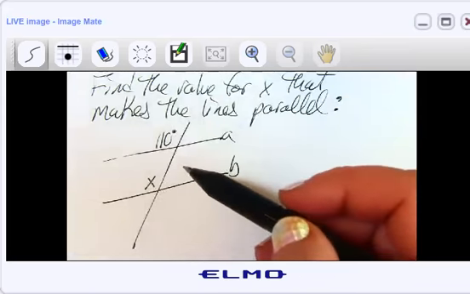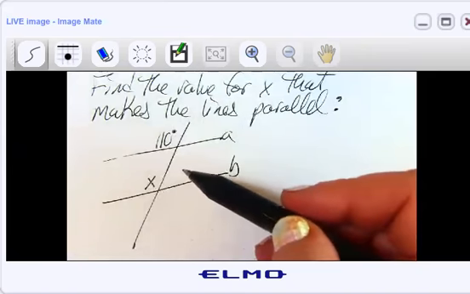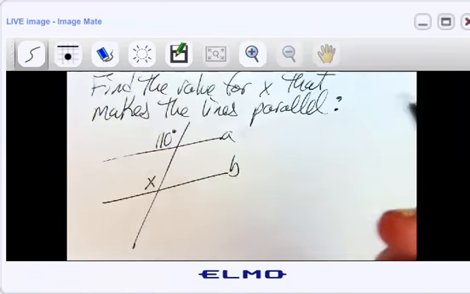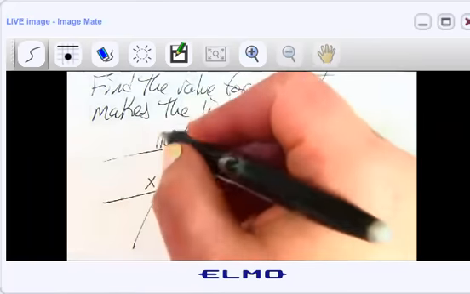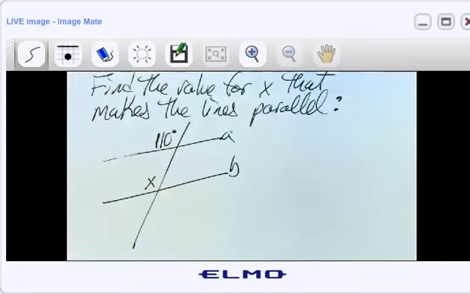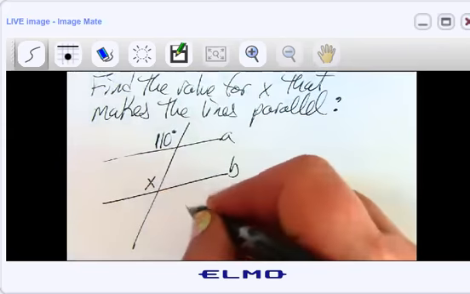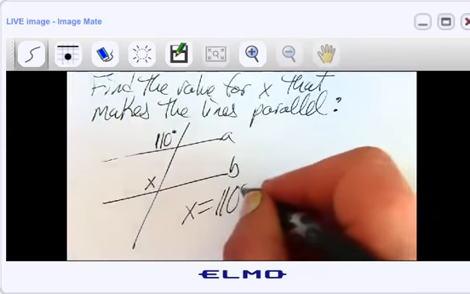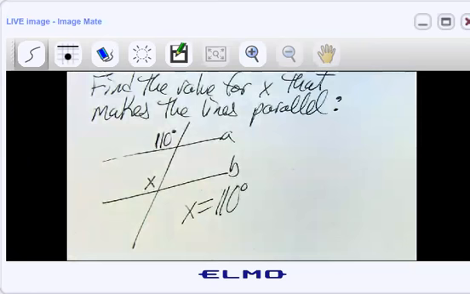So I have to have corresponding angles be congruent to each other. That's the only way to make sure that these two lines are going to be parallel. I'd have to show that the corresponding angles are equal. So the only option for x is to be 110 degrees. If x were any other number, these two lines would not be parallel because I wouldn't have congruent corresponding angles.